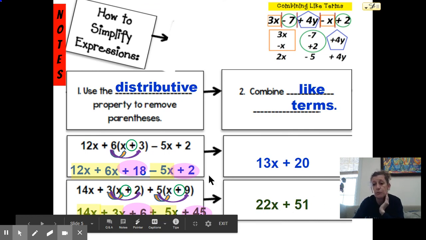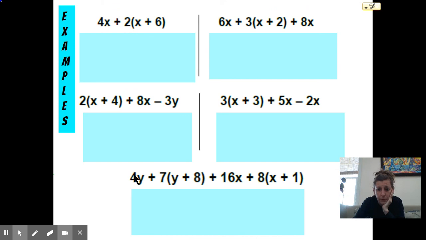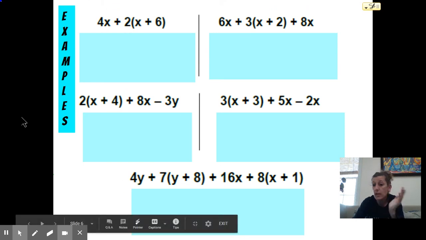And we can't put those two together either. So we took this weird expression and we simplified it to 2 terms. Okay? All right, so we're going to do these 5 examples. There are some challenging ones if you want to give a try, and we will go over those in just a little bit.